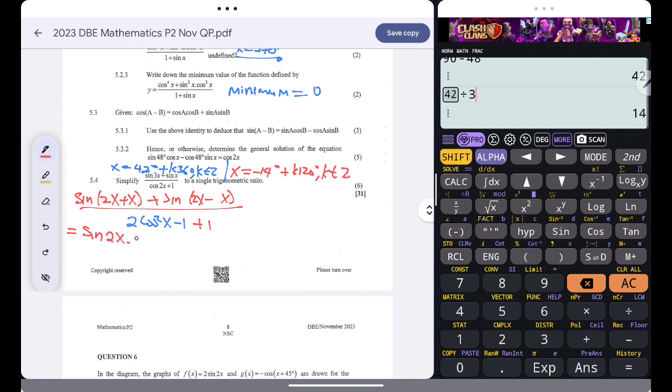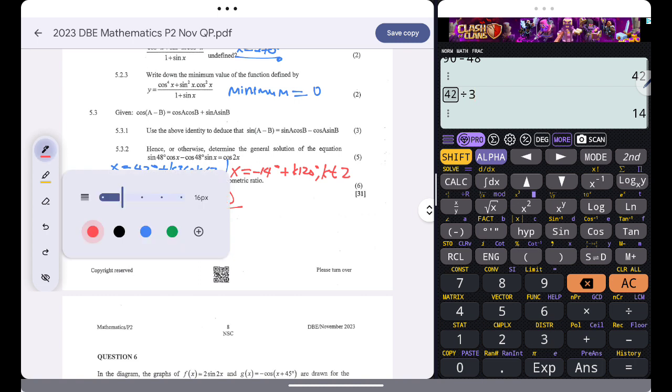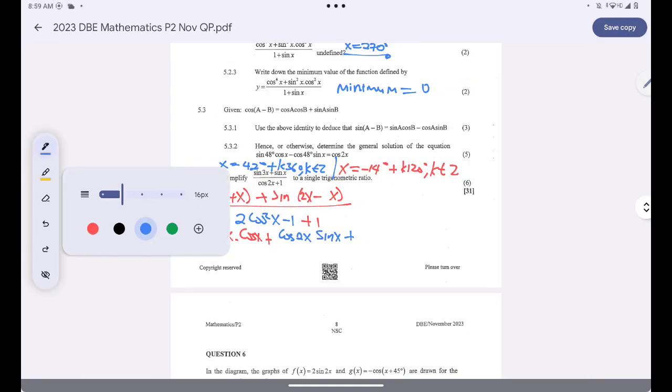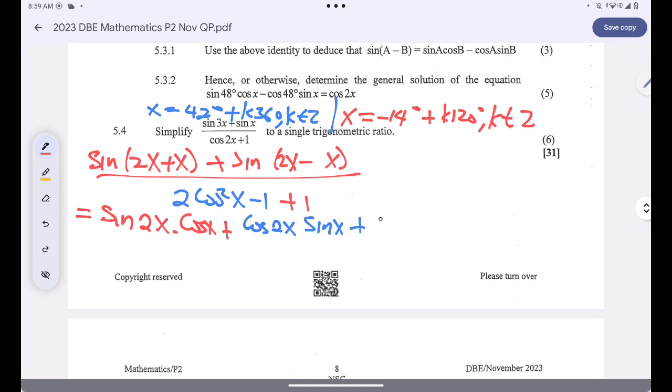This is sine 2x multiplied by cos x plus cos 2x multiplied by sine x, plus sine 2x multiplied by cos x for the second one, and then minus cos 2x multiplied by sine x. This entire thing is divided by 2 cos squared x.